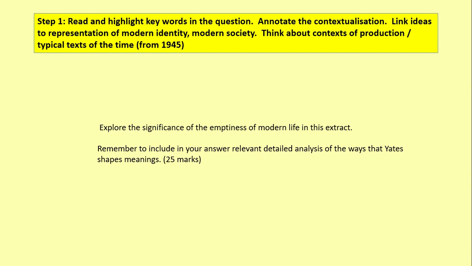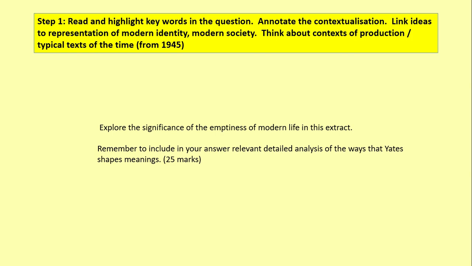Okay, so still on step one, I'm just going to go through some of the things that I have highlighted myself. So firstly, let's look at the question. I tend to look at this first. It probably doesn't matter which order you put it in, this or the contextualisation first. I just think that if you get the question steer right, you will be starting to think about that as you're reading the contextualisation and then obviously the extract as well.